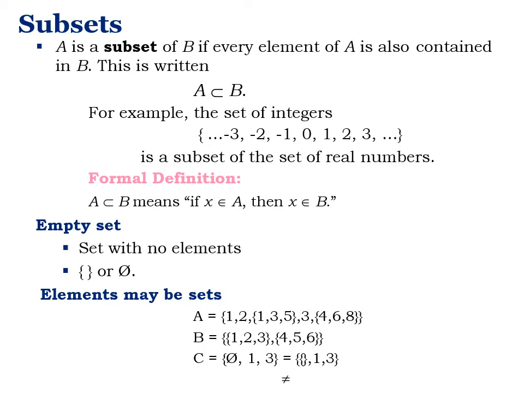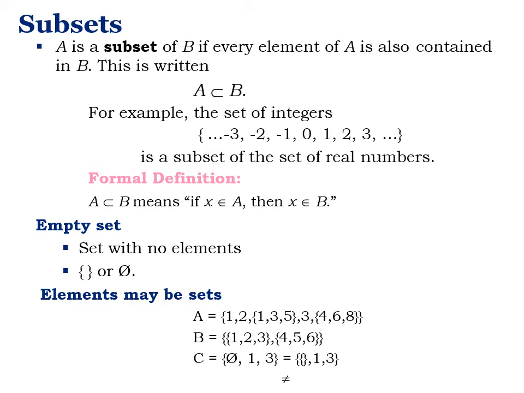Now let us learn about different and important concepts about sets. We have subsets. A is a subset of B if every element of A is also contained in B. This is written in this form.